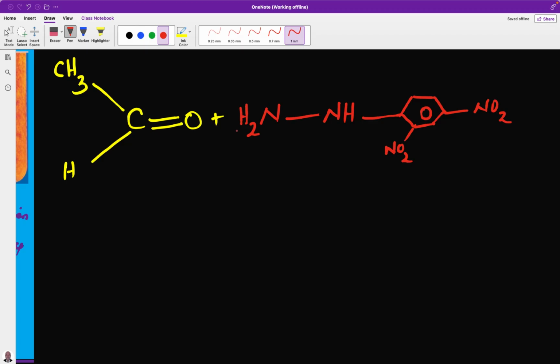There is a condensation reaction, minus a molecule of water that is formed.